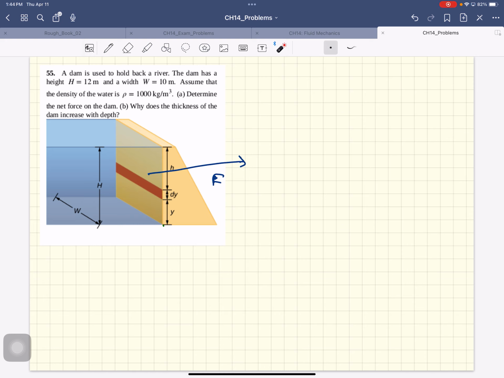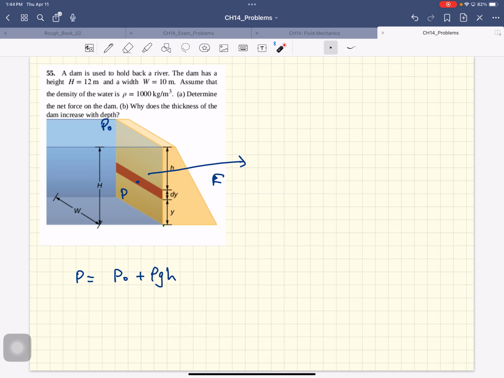Why does the thickness of the dam increase with depth? You saw that because the pressure increases. Okay. Now the pressure at this point, P, is P naught, the pressure at the surface of the dam, plus rho g h. Rho g h is from the height of the fluid.